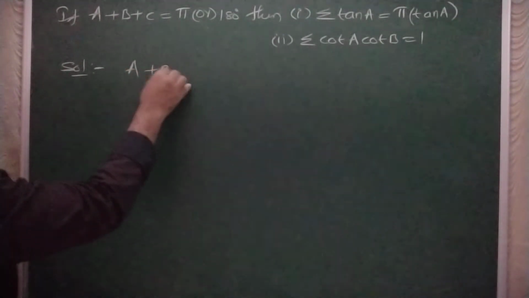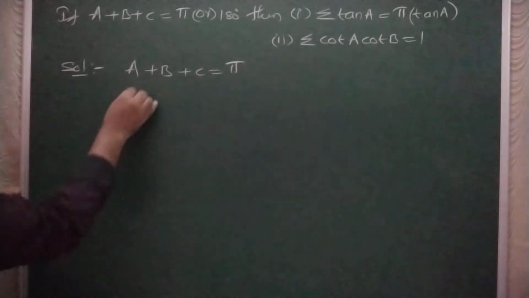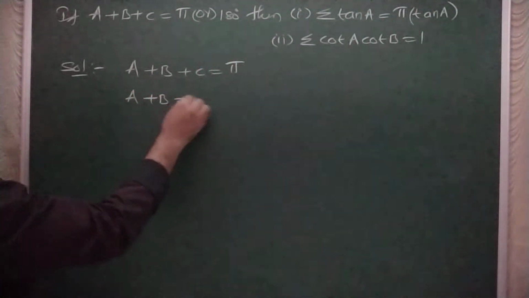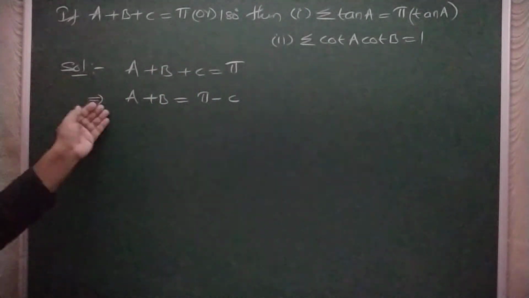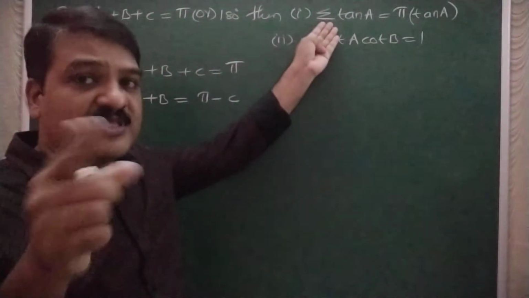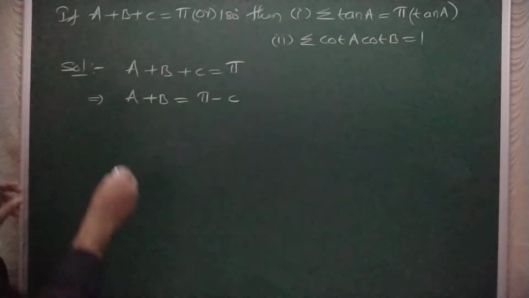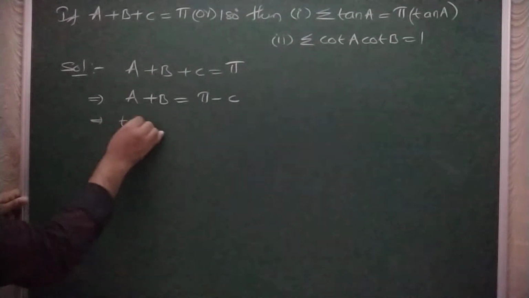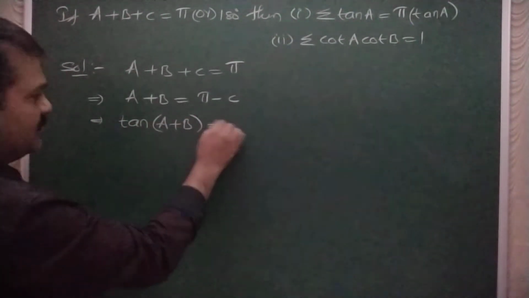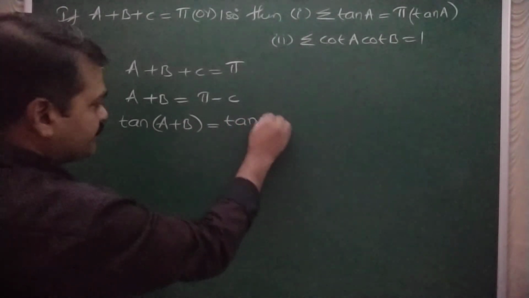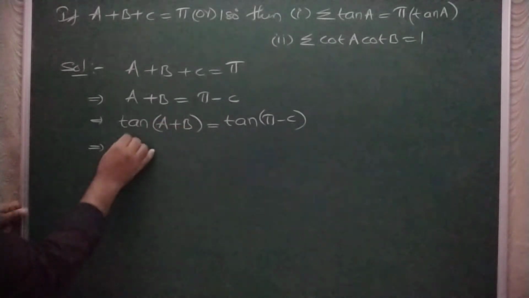So first I will write A plus B plus C is equal to pi. So A plus B is equal to pi minus C, we can write like this. So now to get the condition in terms of tan, this first condition, I will take tan on both sides. So tan of A plus B is equal to tan of pi minus C. So write tan of A plus B formula now.